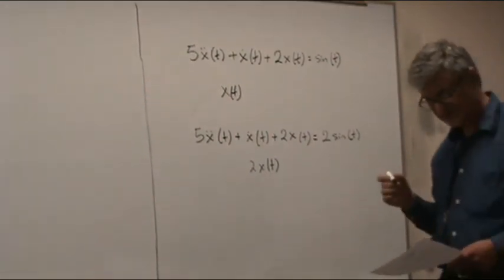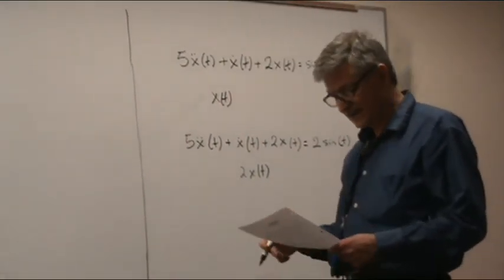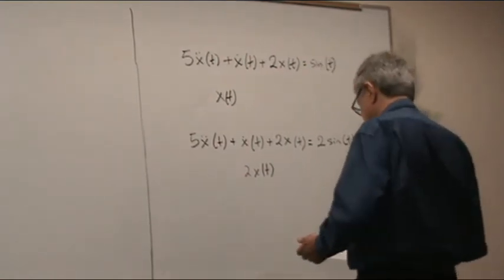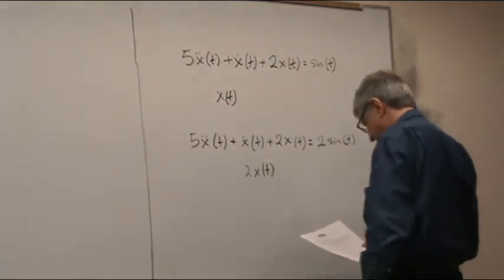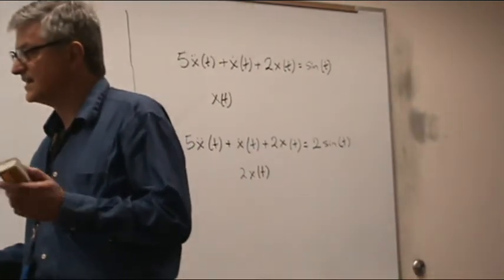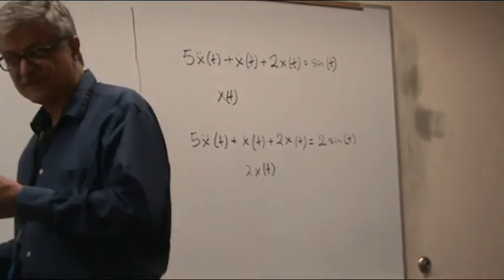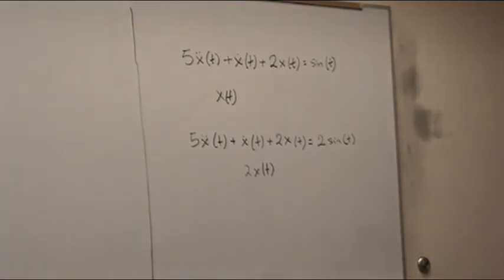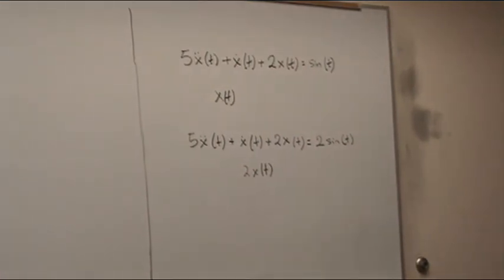Okay? So it's a very good thing, and it reduces the work a lot, if the system that you deal with is linear. A nonlinear system has at least a term that is a nonlinear function of the unknown. So let's write a nonlinear equation.